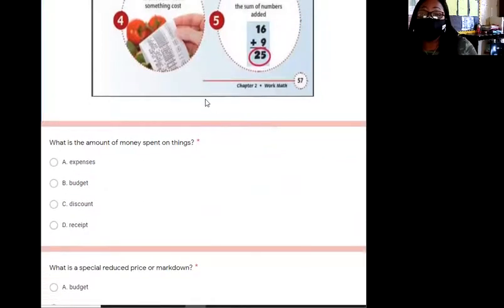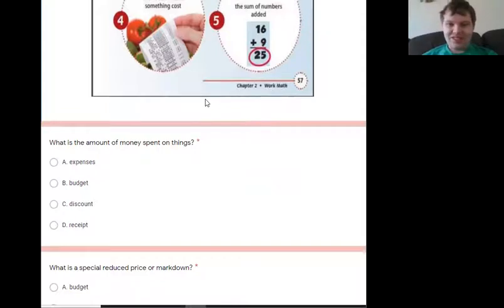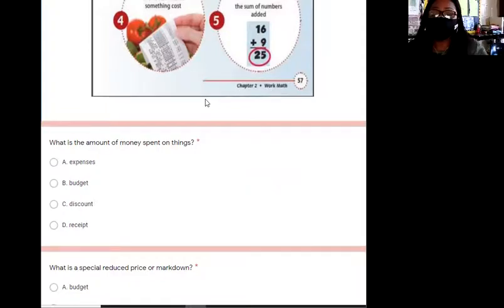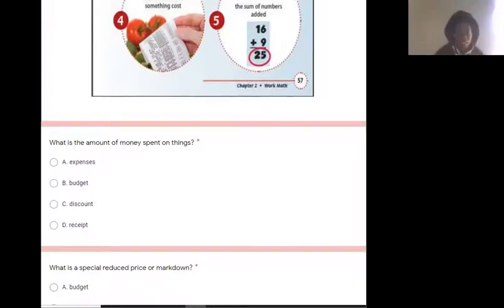So, question number 1, what is the amount of money spent on things? Is that A, expenses, B, budget, C, discount, or D, receipt? The amount of money spent on things. Can someone answer that for me? You can put your answer in the chat bar if you like.